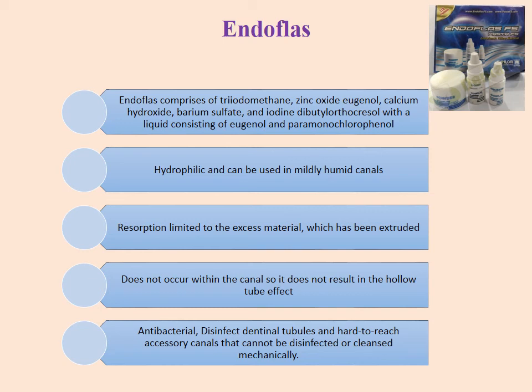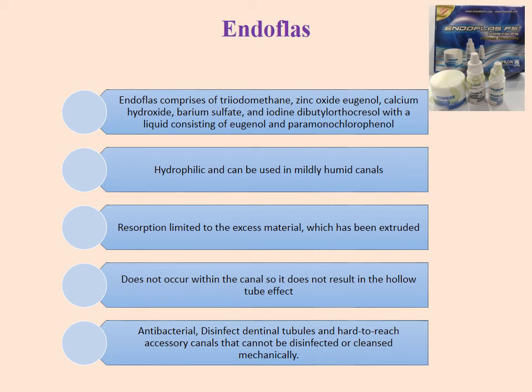It is hydrophilic and can be used in mildly humid canals. The advantage of Endoflas is that it is hydrophilic and can be used in mildly humid canals. You do not have to dry the canal completely. It can be used in even mildly humid canals also.